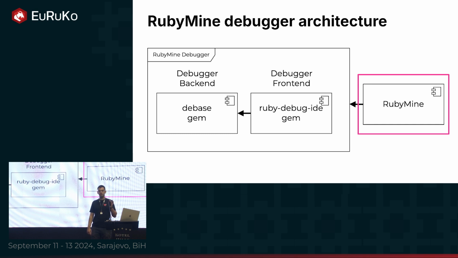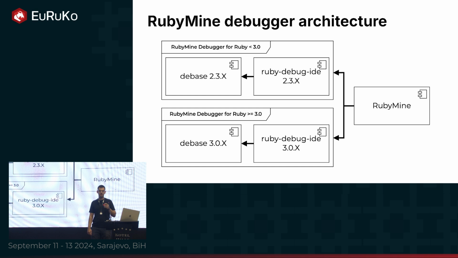Generally, architecture looks like this, but the real architecture is a bit more complicated. Instead of one branch of gems, we have 2 branches, and the first branch is targeted to old Ruby. It contains a lot of low-level hacks to make it performant, and it's really hard to support and maintain.